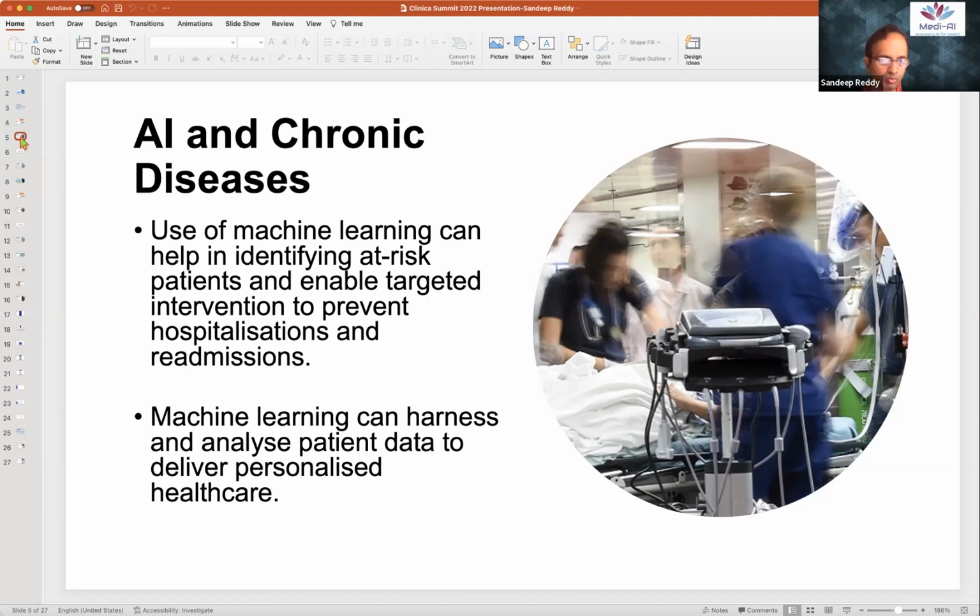You may ask, why machine learning? Because of the computational architecture of many machine learning models, including deep learning models, it can analyze complex, hierarchical and hybrid kinds of data better than any other technology or even statistical methods.